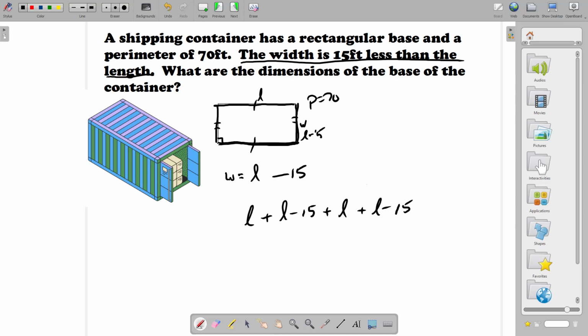This equals our perimeter, which is 70. So now we need to combine like terms. L plus L plus L plus L is 4L. Negative 15 and negative 15 is negative 30. Then we need to add 30.